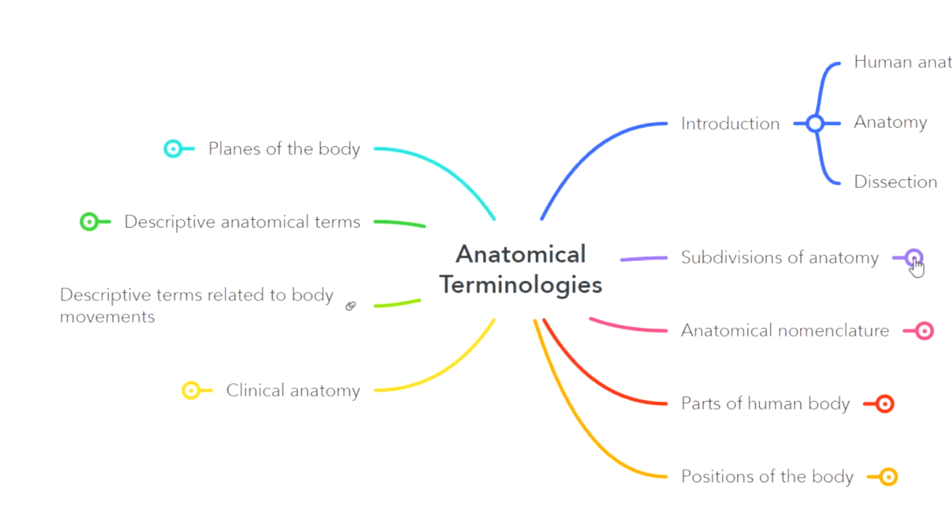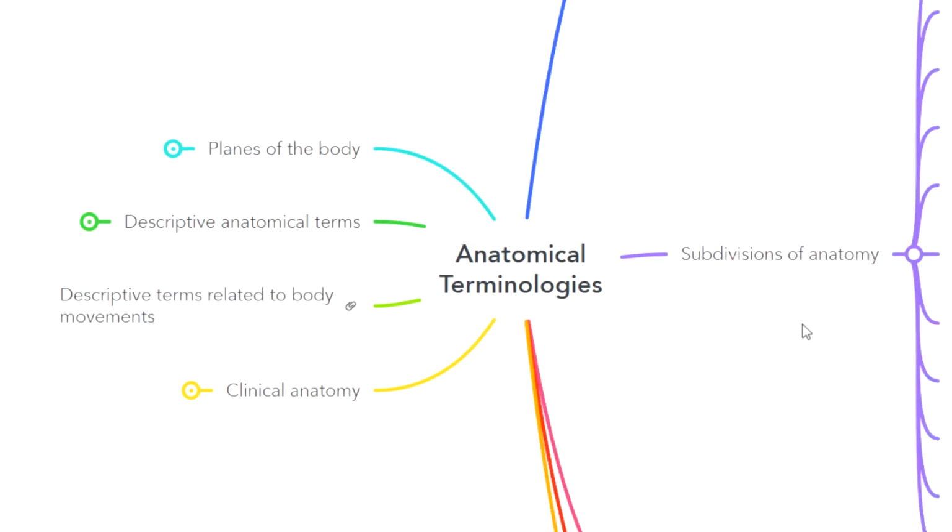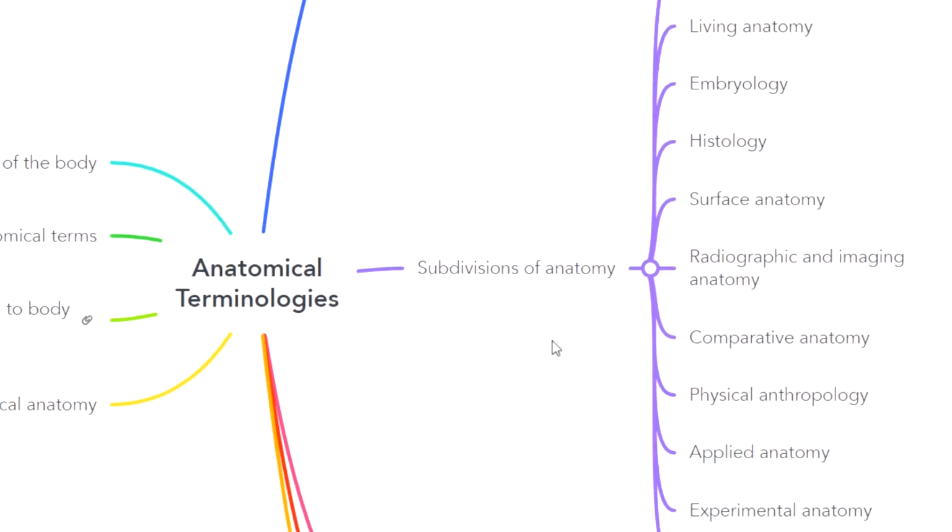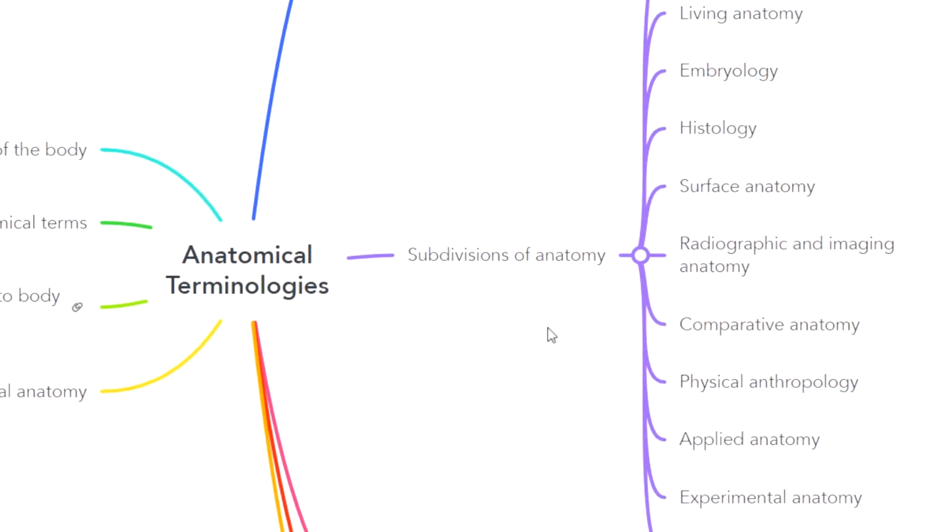Then we discussed subdivisions of anatomy: cadaveric anatomy, living anatomy, embryology, histology, surface anatomy, radiographic and imaging anatomy, comparative anatomy, physical anthropology, applied anatomy, experimental anatomy and genetics.